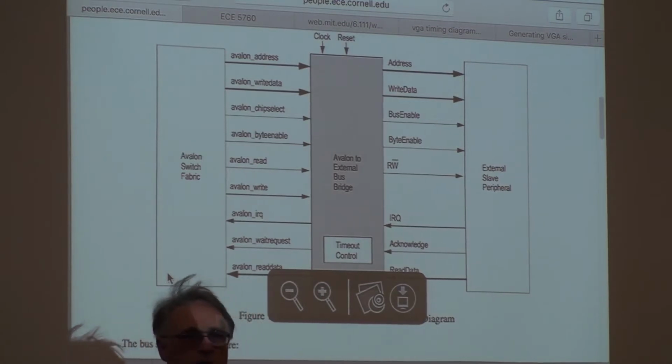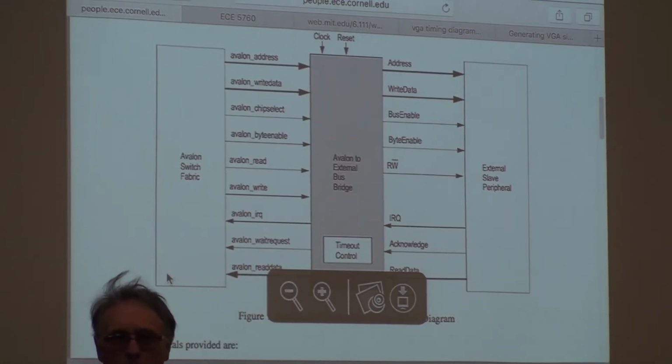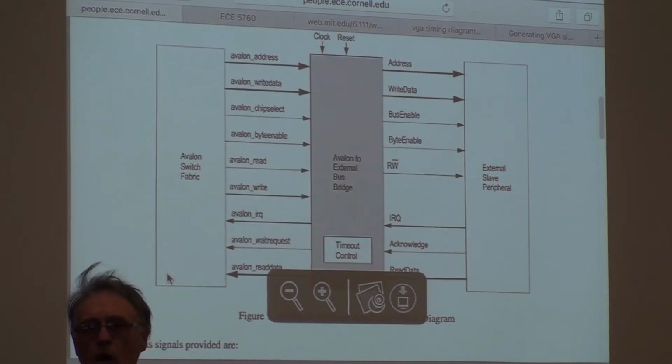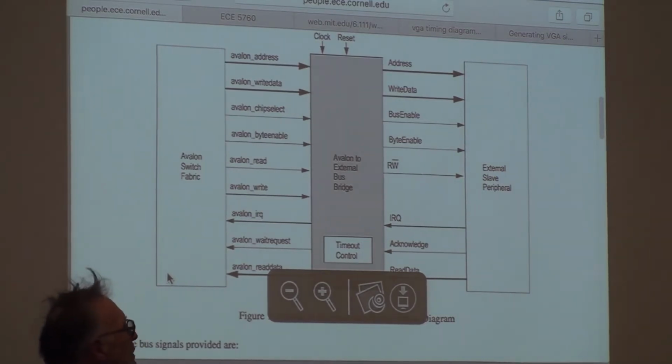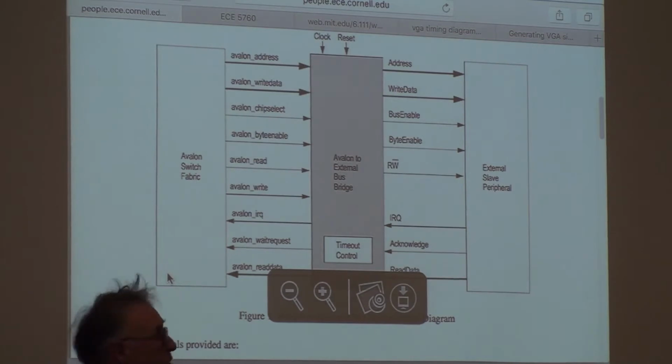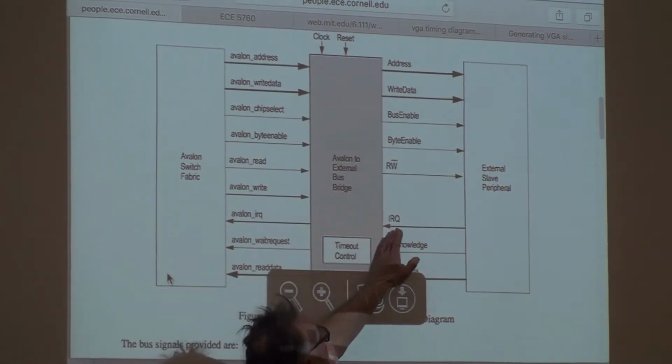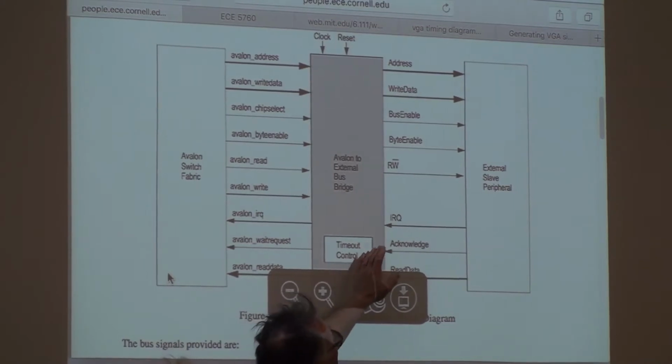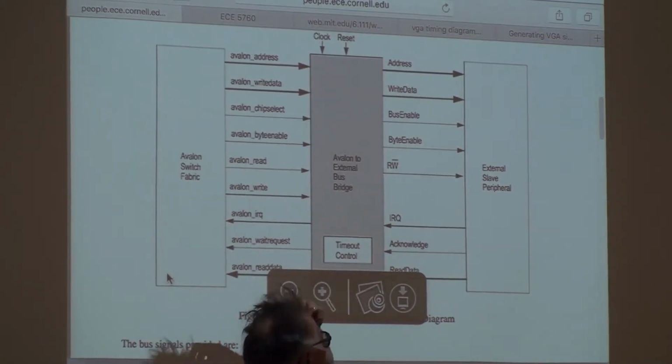So let's say you wanted to use somebody else's bus structure, let's say a Wishbone bus. On this, you could make an Avalon to Wishbone bridge using an Avalon external slave adapter.